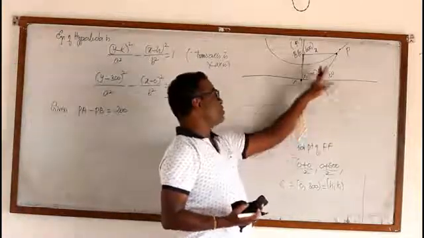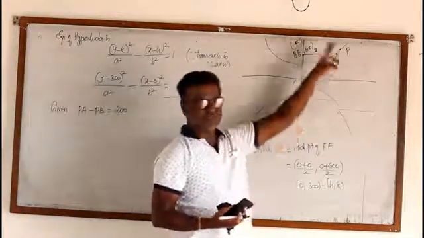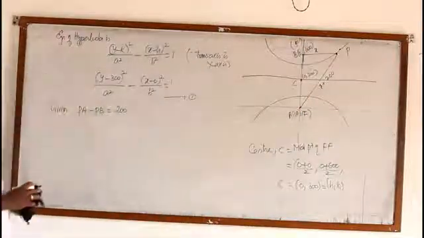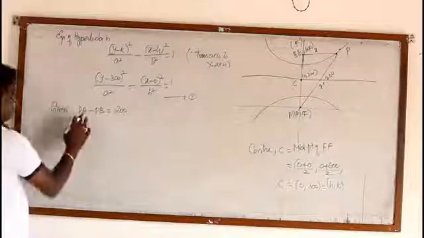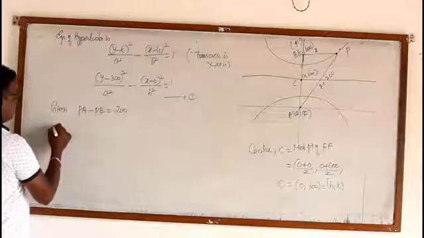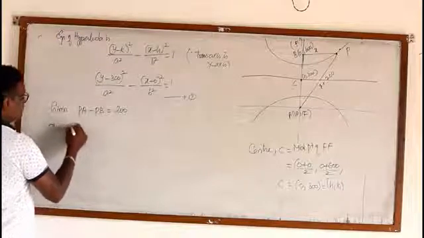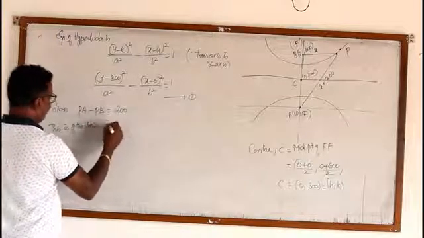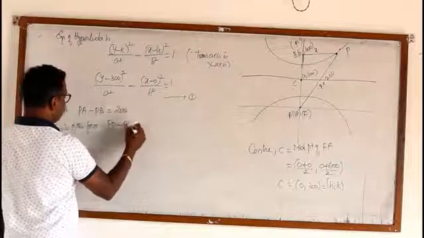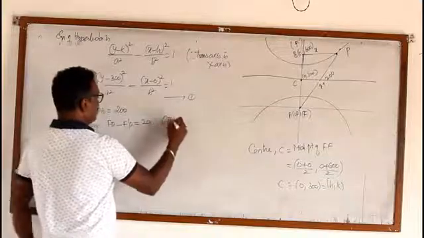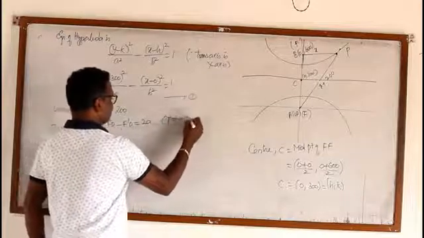It is x plus 200 and this is x. The difference is 200 between these two focal distances. But we know this is the property of a hyperbola. It is of the form FP minus F dash P equals 2a. This is the property of a hyperbola.